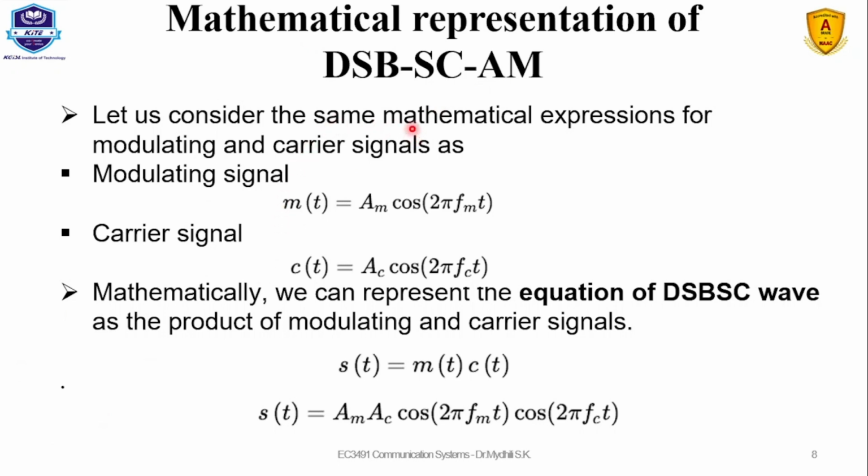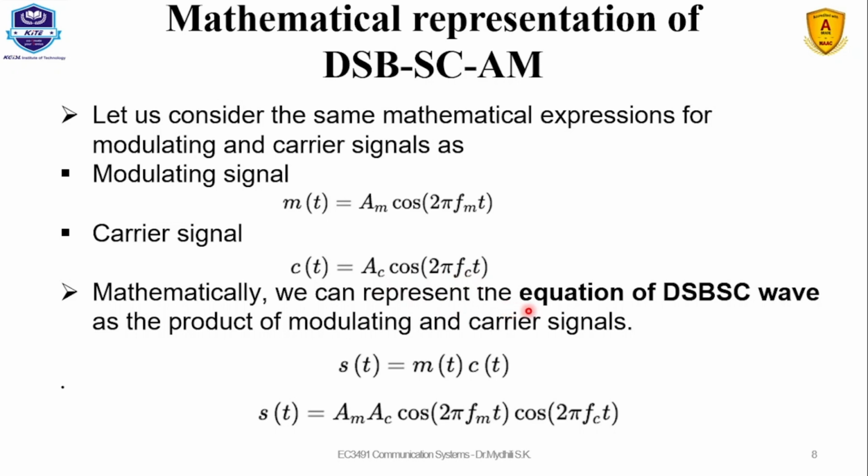Let us consider the mathematical expressions for both the modulating and the carrier signal. The modulating signal is represented by m of t equals Am cos omega mt, or cos 2 pi fmt, and the carrier signal is represented as Ac cos omega ct, or 2 pi fct.